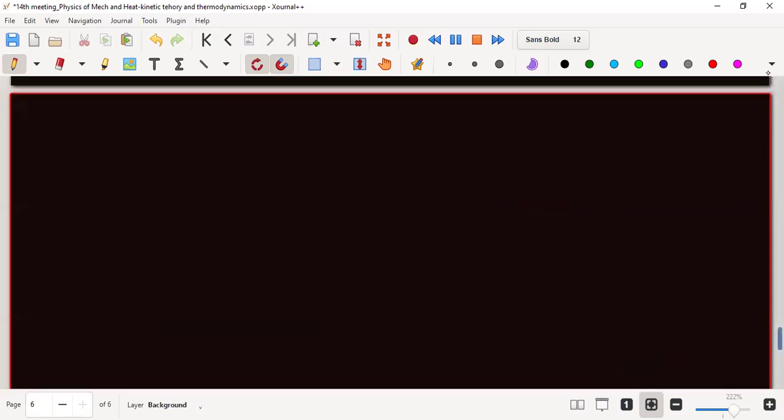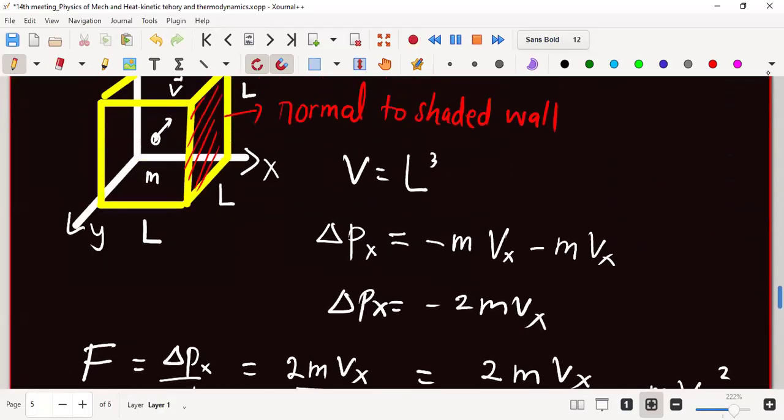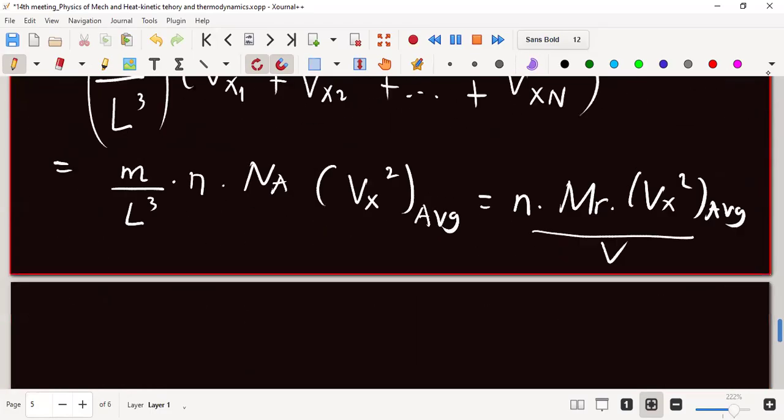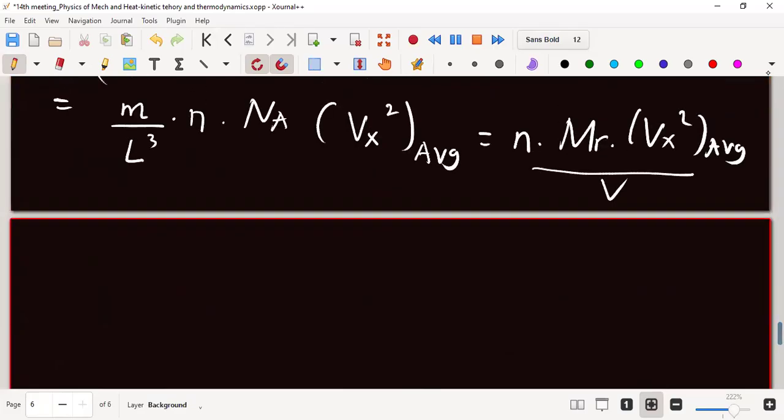Okay, and then because the motion of the particles, atoms or molecules is not only in the x-axis but also in the other axes, y and z, we can write that the velocity square is equal to the velocity in x-axis square plus velocity in y-axis square plus velocity in z-axis square.